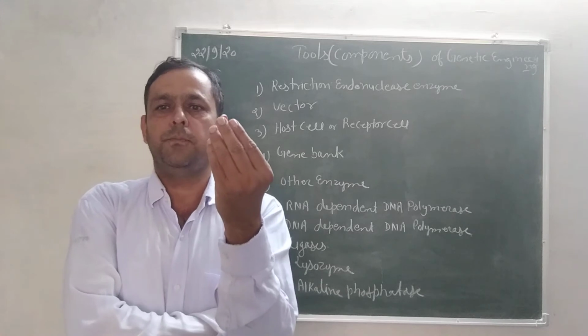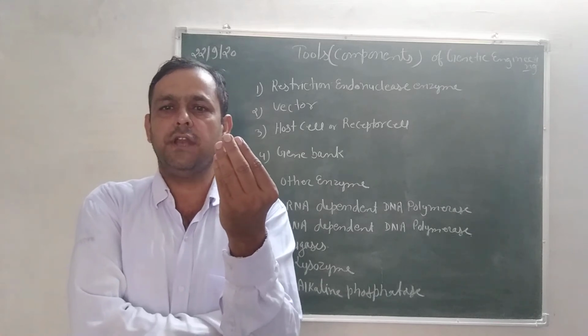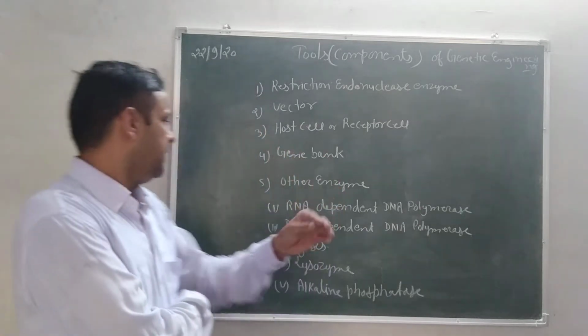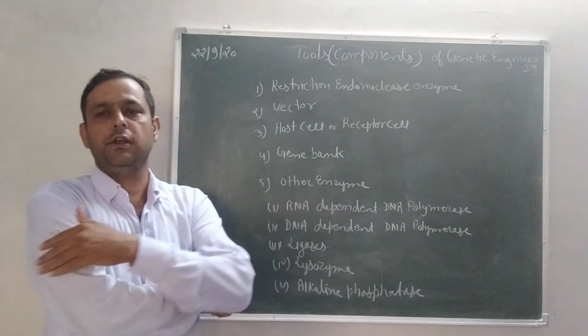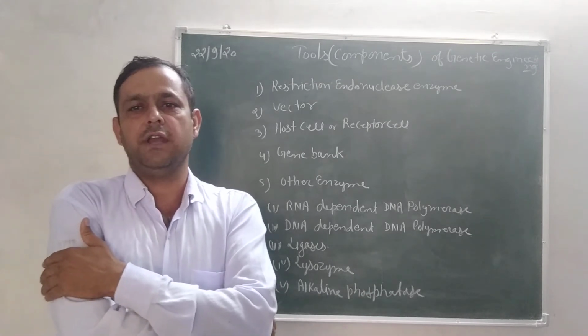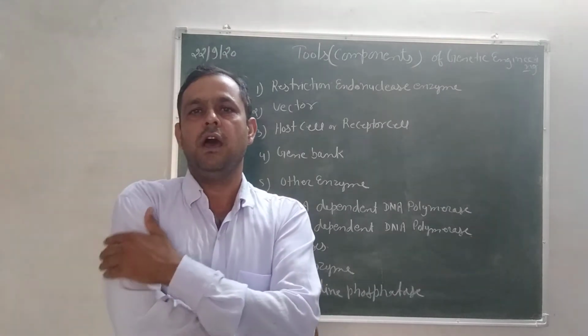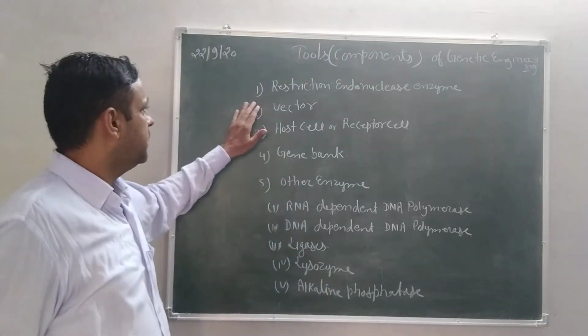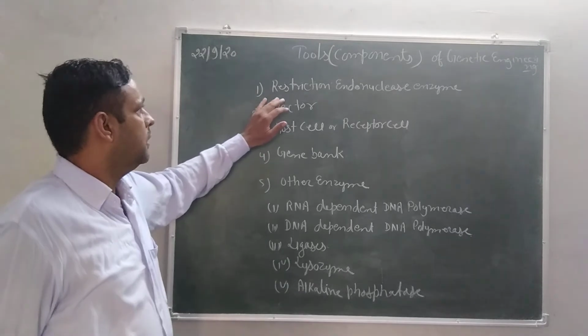This enzyme polymerizes the nucleotides of the complementary DNA strand on template DNA. RNA dependent DNA polymerase. This enzyme polymerizes the nucleotides of the DNA strand on RNA templates. Now we will study in detail these 4 tools.